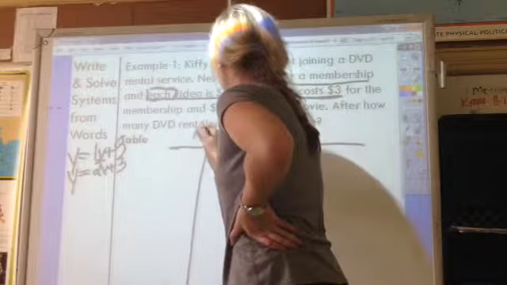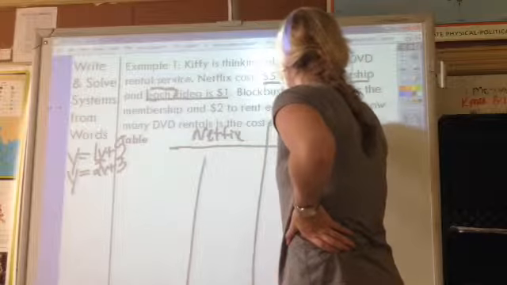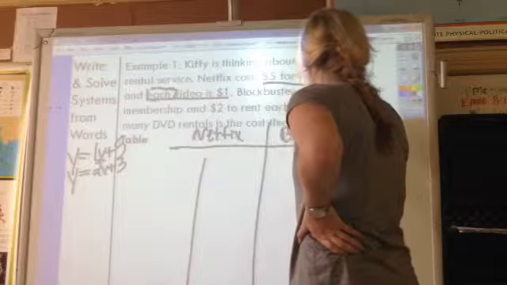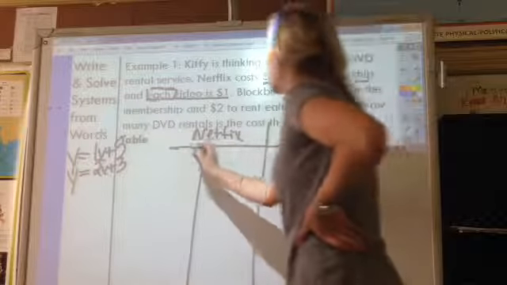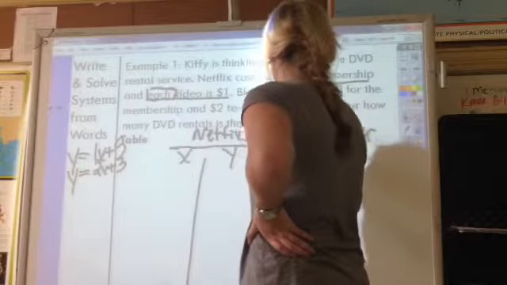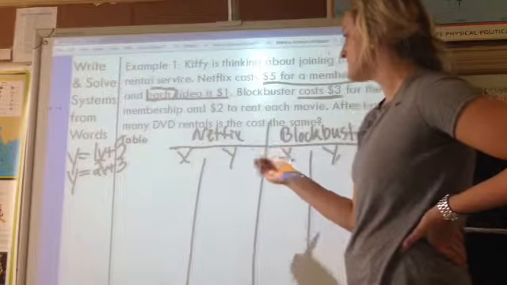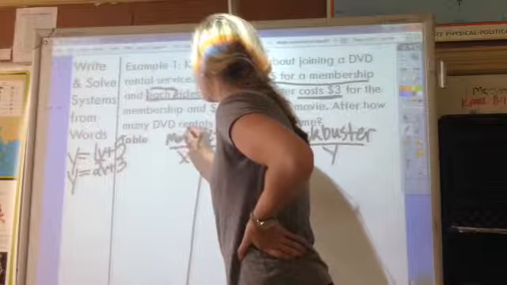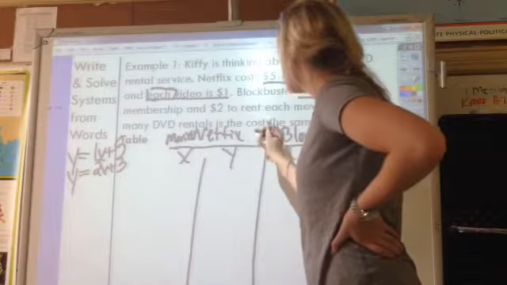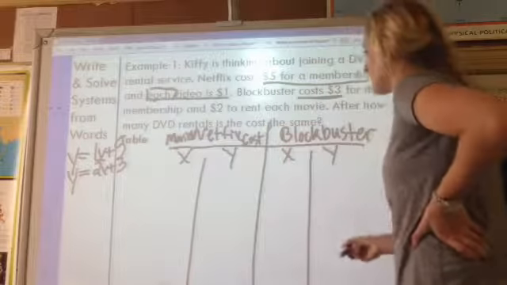This will be Netflix, and this will be Blockbuster. Again, I'm doing all of this just to stay organized. So this will be my x value, this will be my y value, x and y. And x in this case represents the number of movies. Y, on the other hand, will represent the cost, and it will be the same on the Blockbuster side.